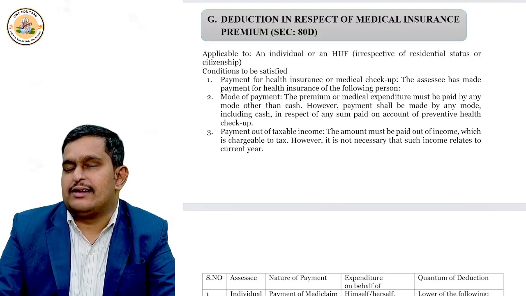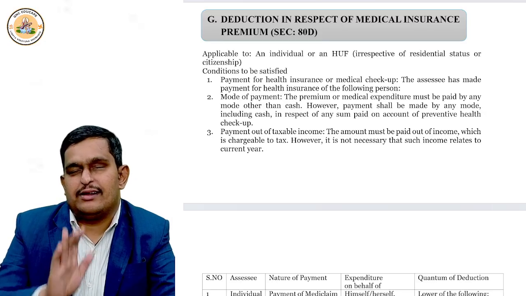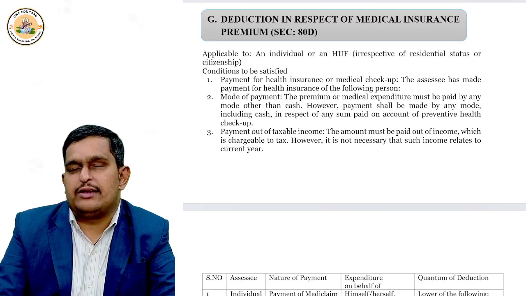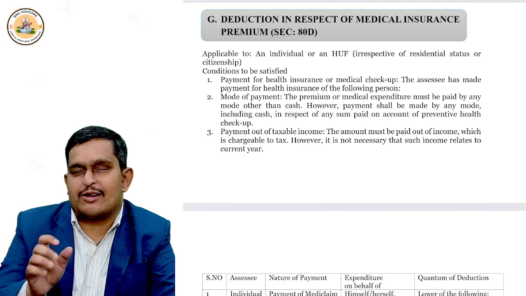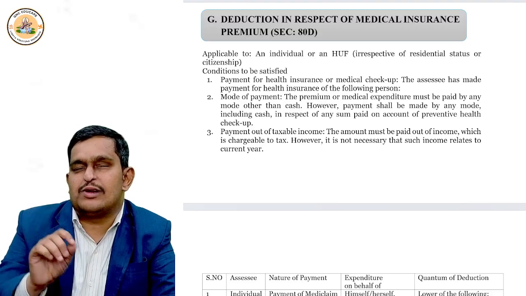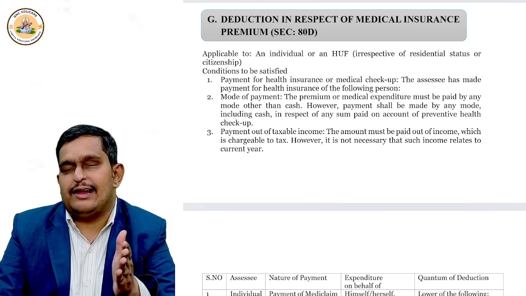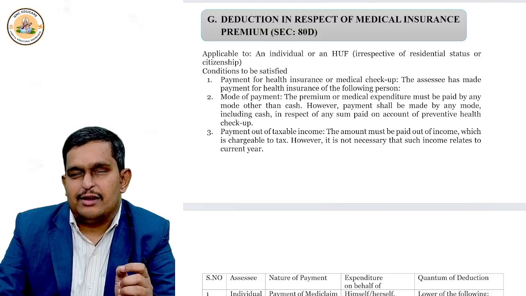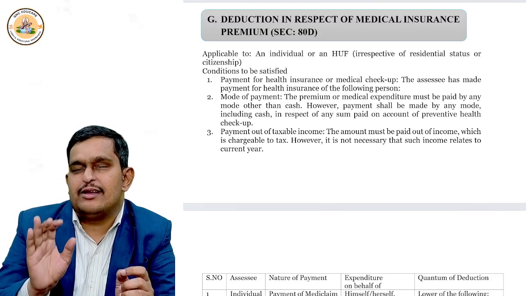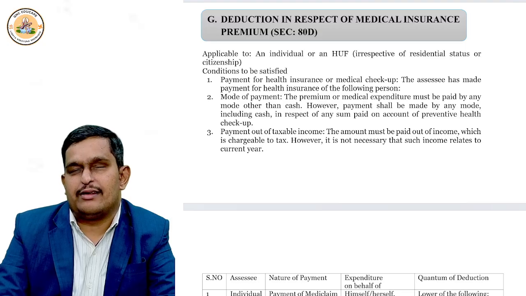But if it is a preventive health checkup related payment, you can make the payment through account payee cheque, demand draft, electronic clearance system, electronic mode, and even through cash also. So that means any payment under 80D should be through account payee cheque or banking channel, but only preventive can be through cash also. This much you should remember.